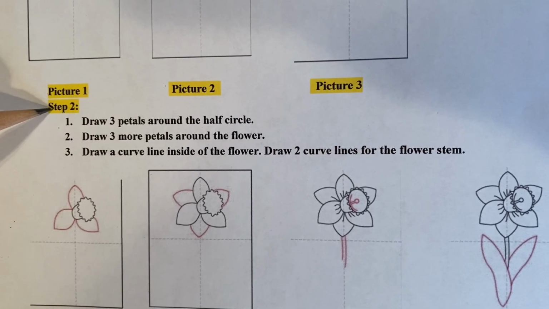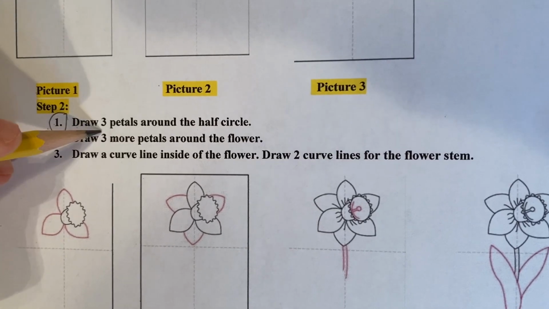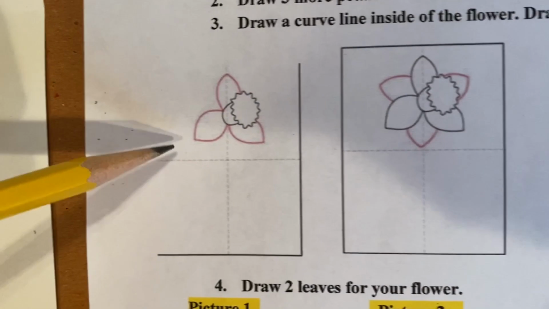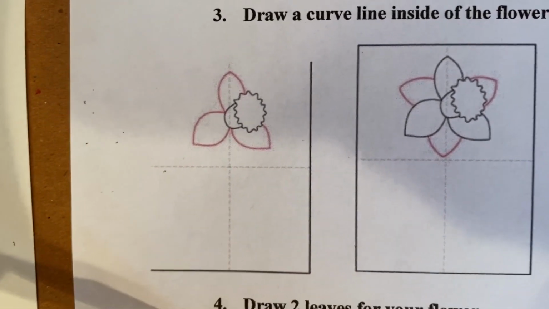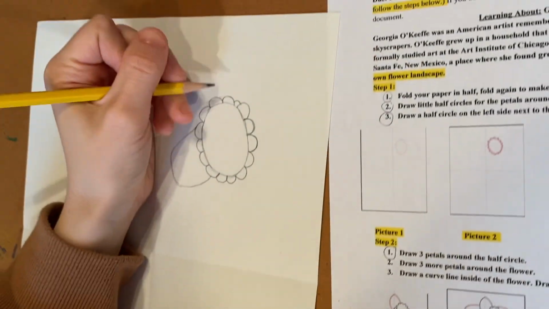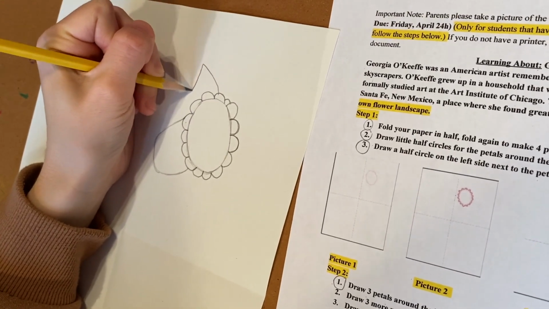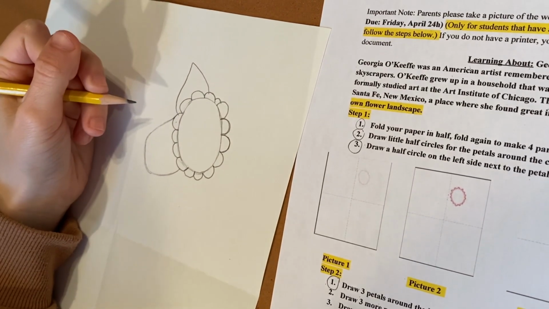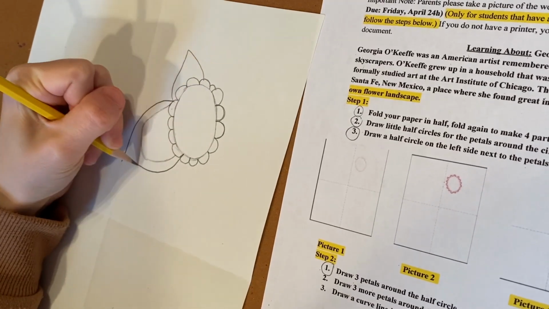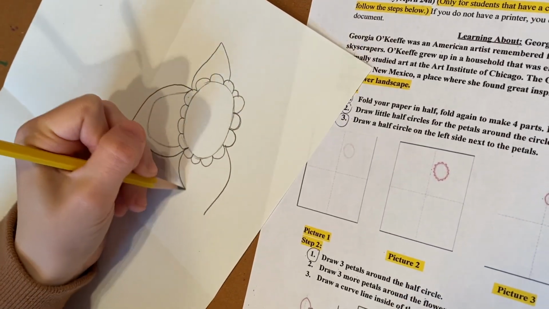Step number 2. So step number 2 has part 1, circling part 1. Draw 3 petals around the half circle. So here is picture 1. Here's picture 1. And here's my petals. So look, I'm going to draw 1, 2, and 3.